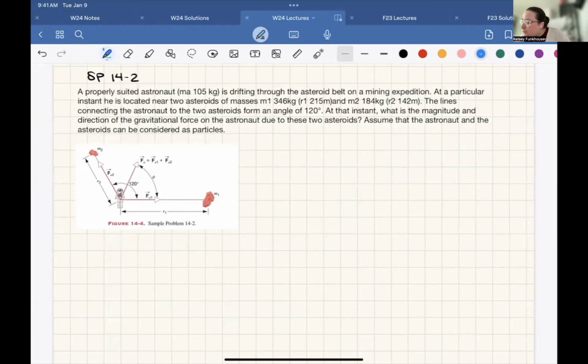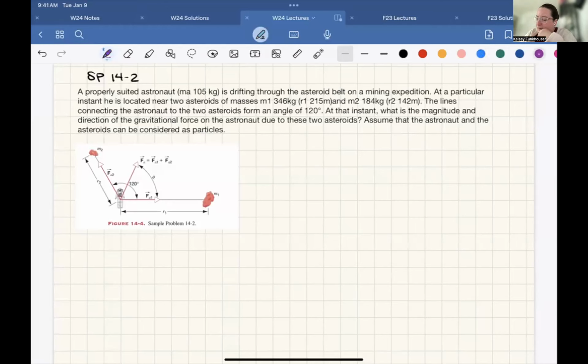Distance to that is 142 meters. And the lines connecting the 2 asteroids to the astronaut are at an angle of 120 degrees. So we want to know the magnitude and the direction of the gravitational force on the astronaut due to these 2 asteroids. And we're going to assume that they can all be treated as particles so that we don't have to worry about the astronaut's arms in the motion.